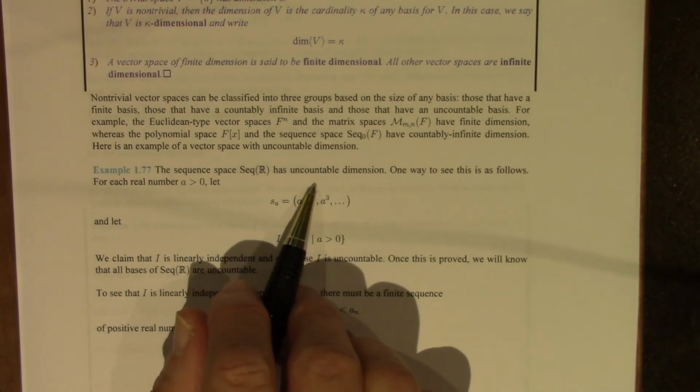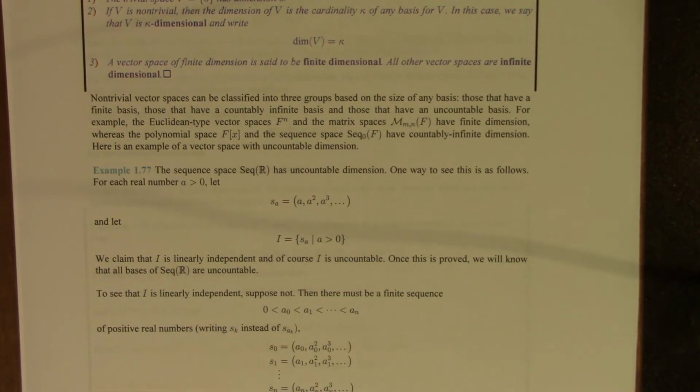To show this has uncountable dimension, I'm going to show you an uncountable subset that is linearly independent. It won't be a basis, but it'll be linearly independent. And so it can be extended to a basis, which means at least one basis, and therefore all bases are uncountable.